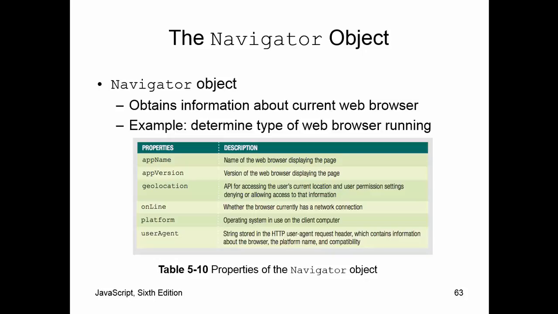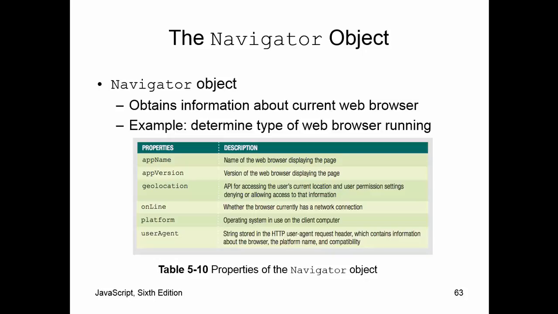So you could show one thing for people who were in Firefox versus another for people who were in IE, etc. But today, most of this stuff is standardized, so browser sniffing is rarely used. Plus, it doesn't always give you a lot of information anyway, because there are so many different versions of so many different browsers.